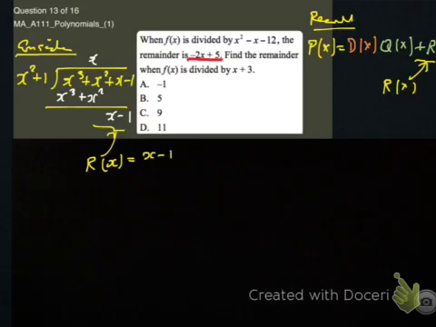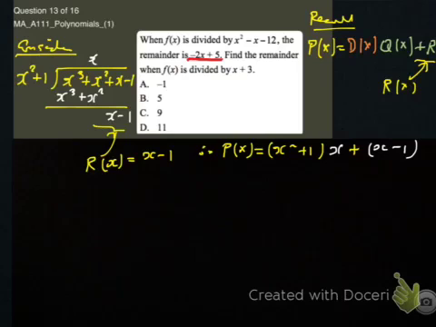So sometimes the remainder could be in terms of x. Now the polynomial is equal to the divisor times the quotient, which is x, plus the remainder, which is x minus 1. So that's what it means when we see a remainder of minus 2x plus 5. So it can be of this form.